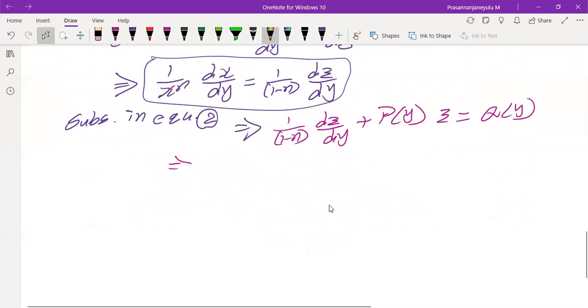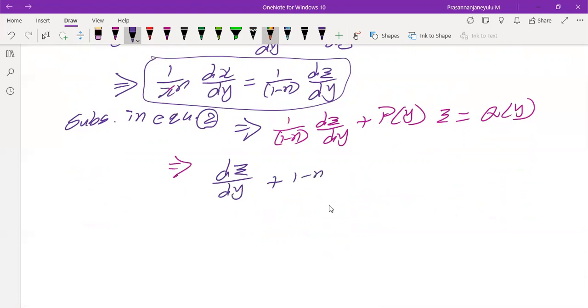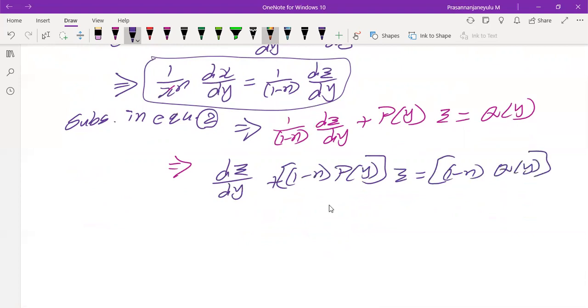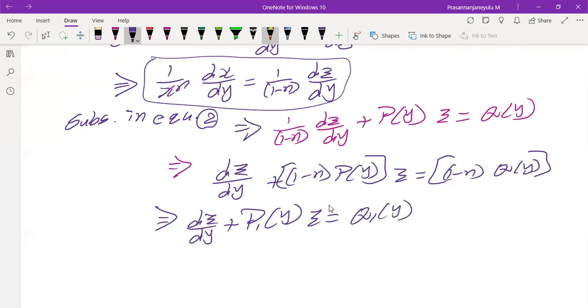So multiply with 1 minus n on both sides, then we are going to get dz by dy plus 1 minus n into p of y into z equals 1 minus n into q of y. Then, like our previous method, I am replacing this as p1 of y into z equals q1 of y. So taking it as equation number 3.